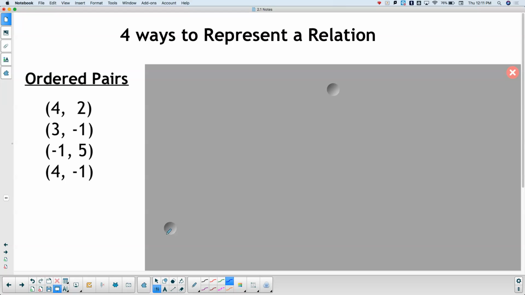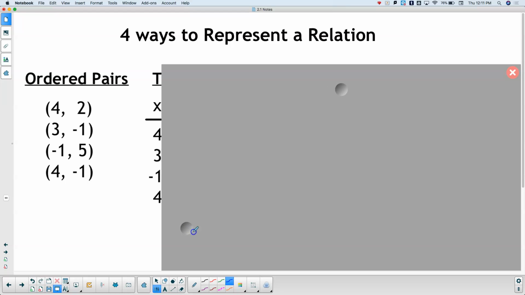So one way to represent a relation is we can write it as an ordered pair. From those ordered pairs, I can find the domain, that's the 4 x's. I can find the range, that's the 4 y's. Okay? Careful when you write those out. When you write it out, though, you don't write out any repeats. Okay? So ordered pairs is one way to represent a relation.